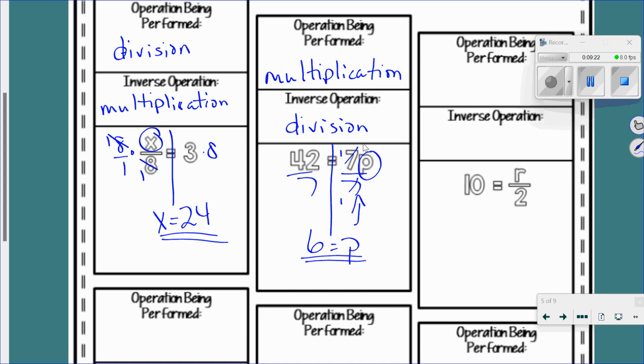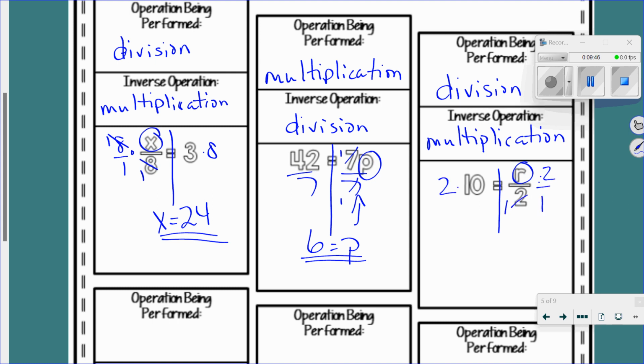Here's my variable. What operation is being performed on the variable? Division. So the inverse is going to be multiplication, meaning I'm multiplying both sides by 2. Put that one over 1 so that I can do my reductions. R equals 20.